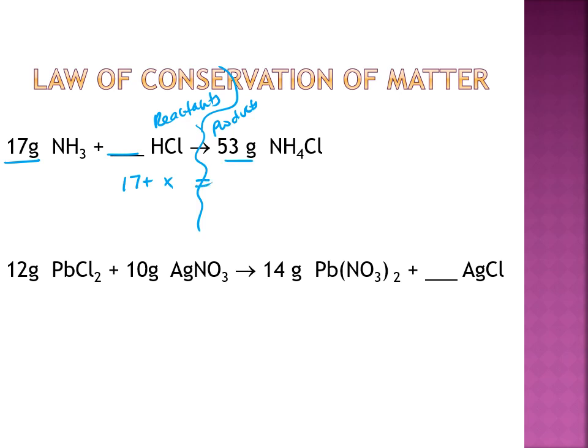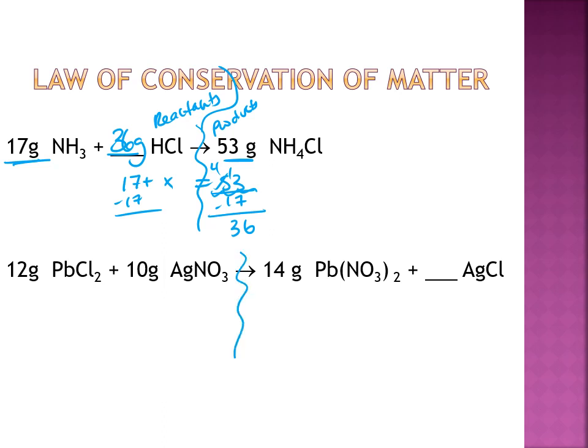Set that equal to the total on the other side, 53 grams of ammonium chloride. Solve for X. Subtract 17 from both sides. Anyhow, so I get 36 grams of hydrochloric acid needs to be reacted with 17 grams of ammonia in order for us to make 53 grams of ammonium chloride.